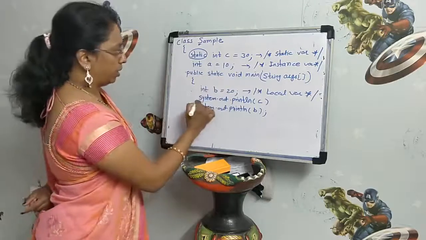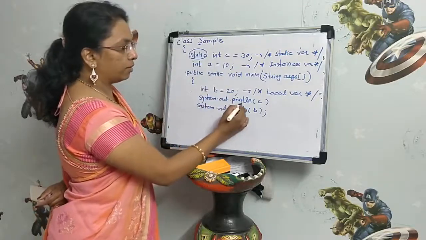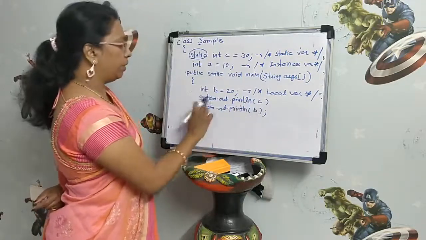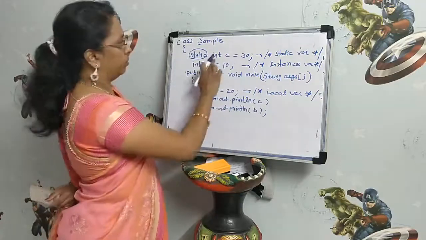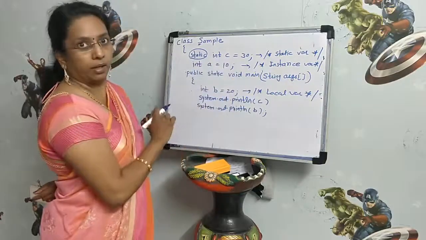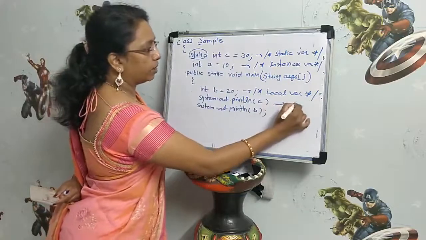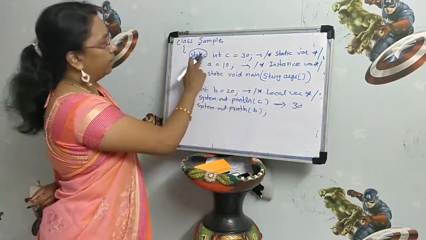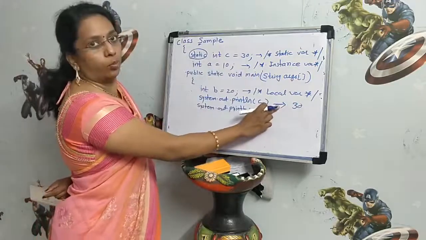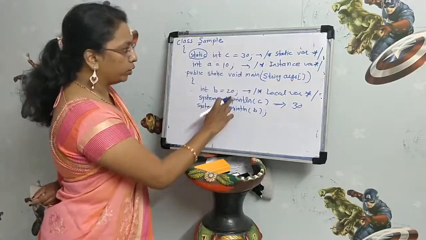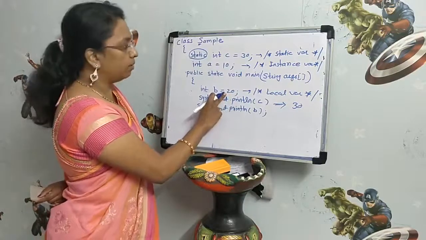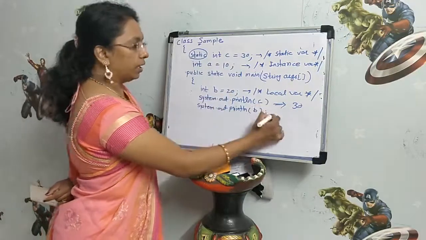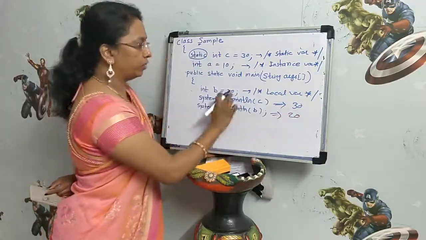Now see, whenever I try to print it, it will print value 30 for the c variable. It will give the output as 30 because this is a static variable. I can access it directly. Now whenever I print the value of b, it is going to print 20.